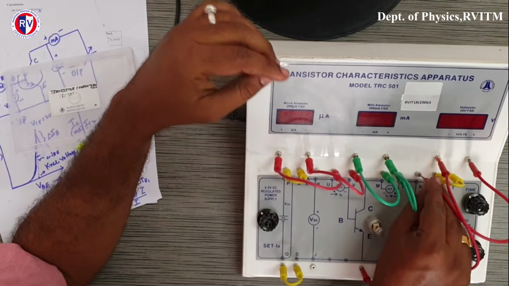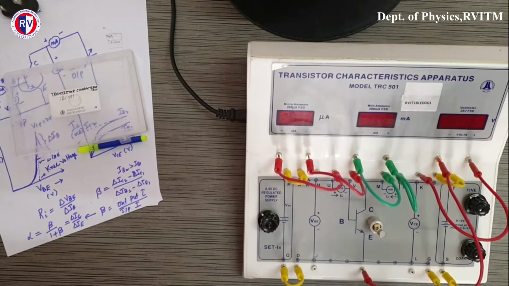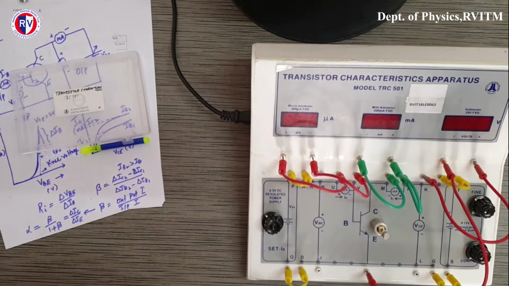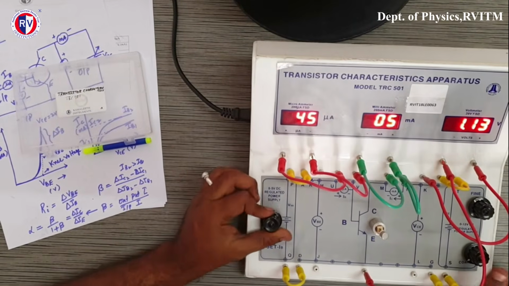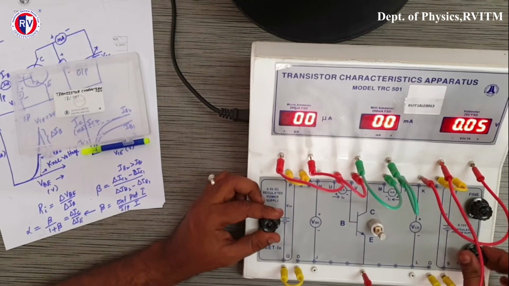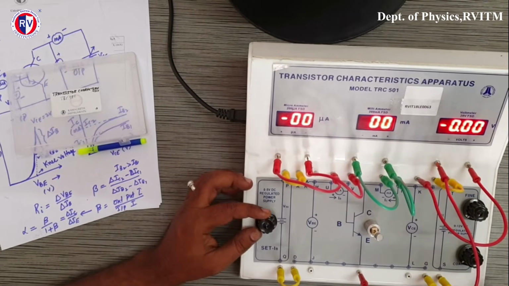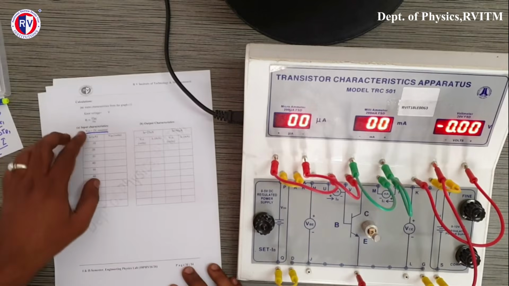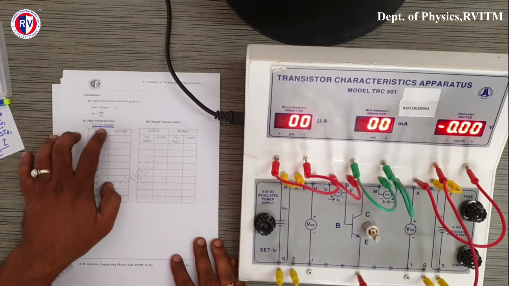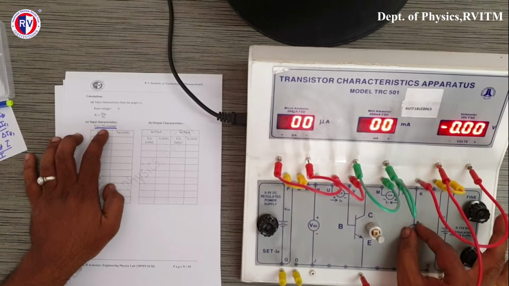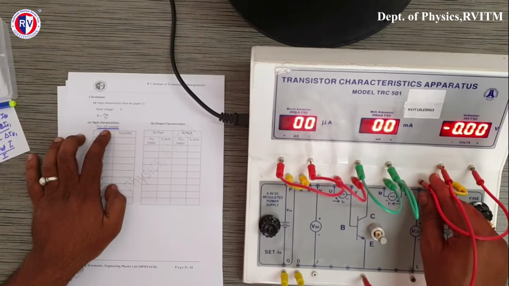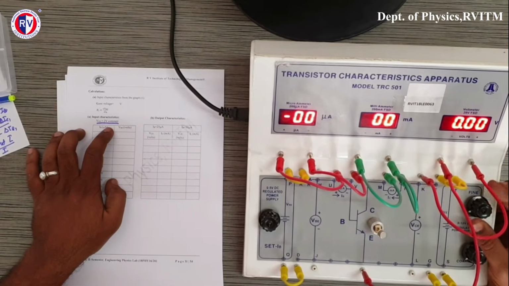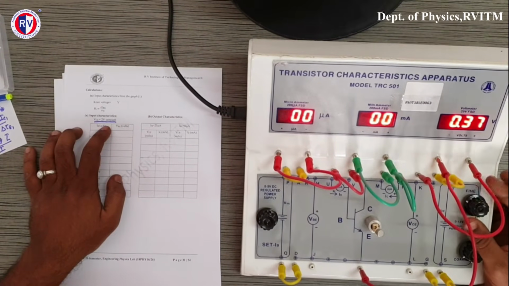Now let us start our experiment. Make sure all the knobs read 0. Now the tabular column itself says in the input characteristics, you should keep VCE equal to 2 volts. So it means this should be 2 volts. So now I have connected across this output VCE, and I will vary VCE and keep it 2 volts.